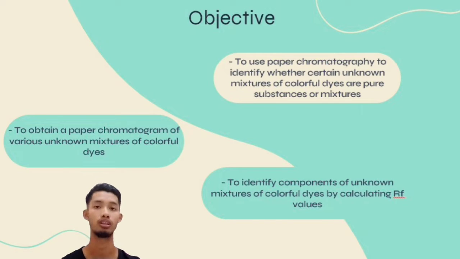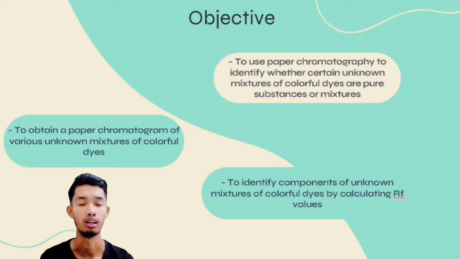Chromatography is a method of physically separating a mixture into its individual components. It is a common laboratory technique used to identify unknown components in a mixture. We cannot tell if each dye's color is a combination or a pure ingredient by looking at it.